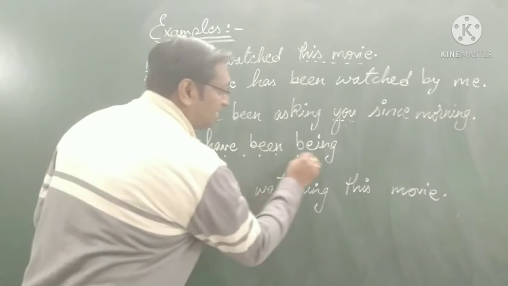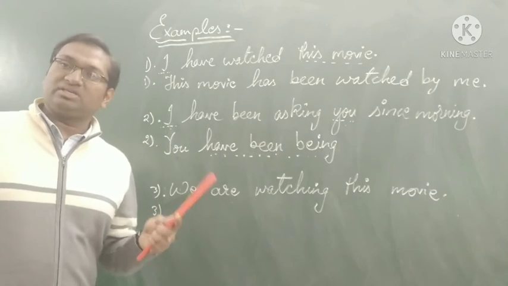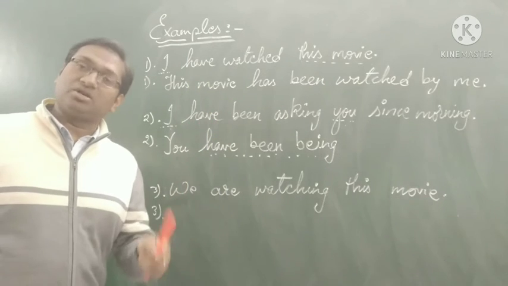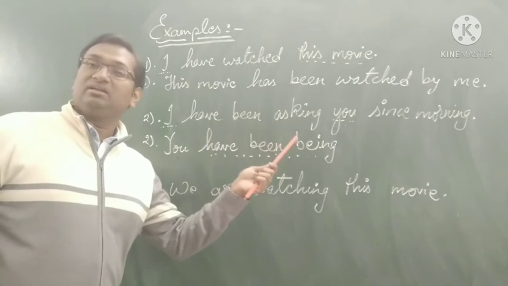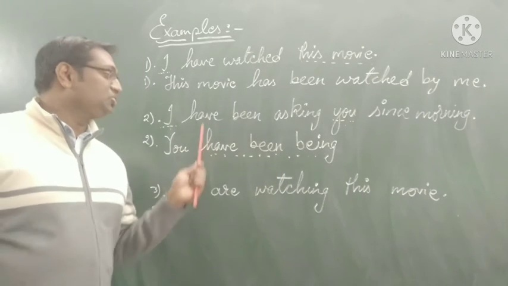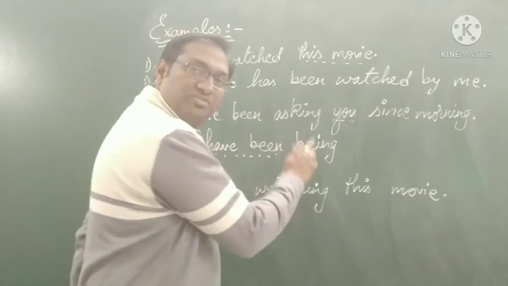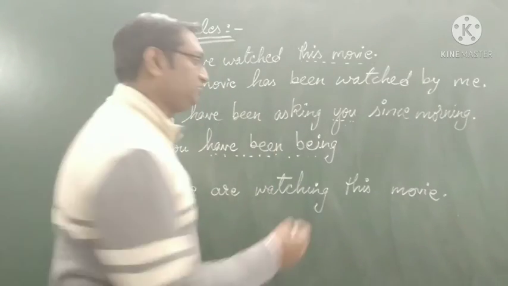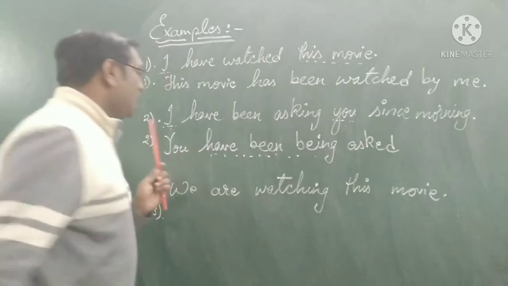This is what we have in our chart. If in an active voice in present perfect continuous we have have been and then the ing form of the verb, then it will change into have been being, and the ing form of the verb will change into the third form. So asking will change into asked.